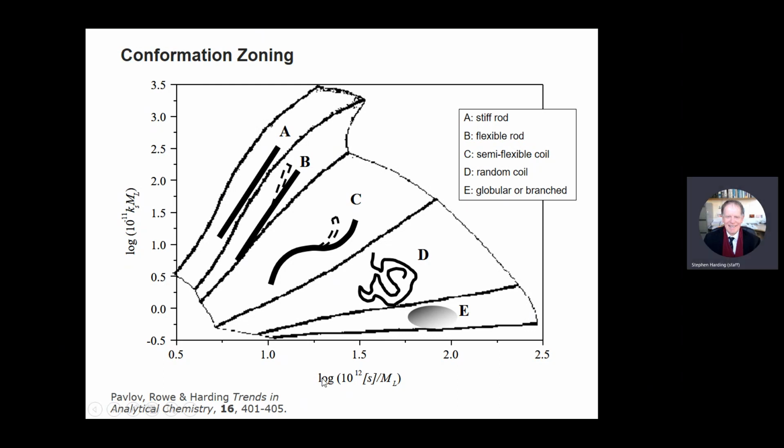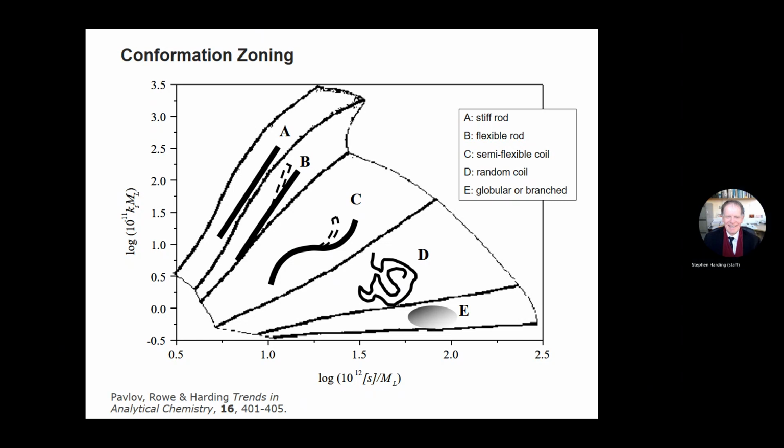So you measure the sedimentation coefficient parameter here. This is the mass per unit length and the concentration dependence of the sedimentation coefficient. It's got those three values. And then you find out where on this plot your molecule lies. Say if it lies in there, then you just say your molecule's a zone C molecule.